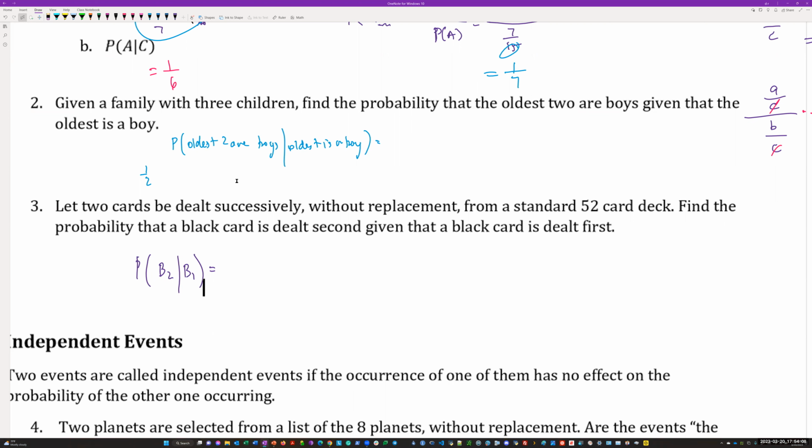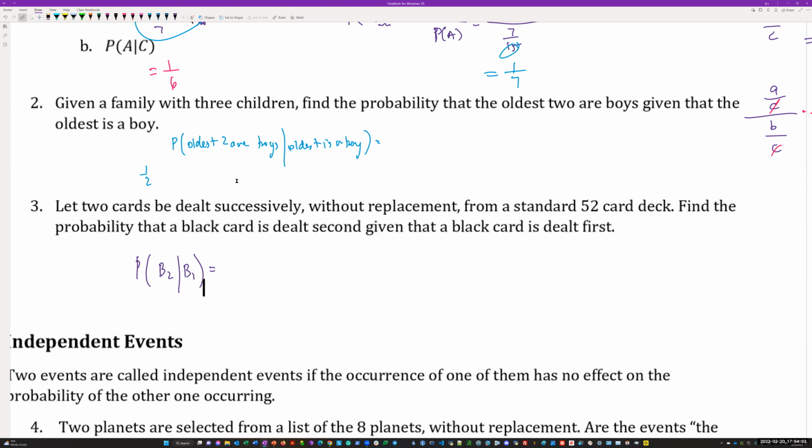So if it said with replacement, then we would have to put the thing back in each time, then it would be the same chances each time. Is that right? But it says without replacement, so the sample space is sort of changing. Is that correct? So it does matter, right? 26 out of 52. 26 out of 52 normally is correct.